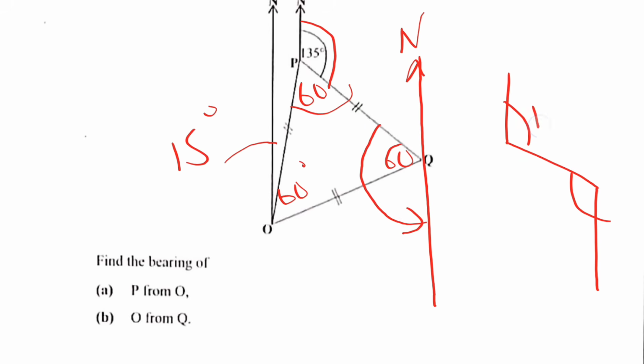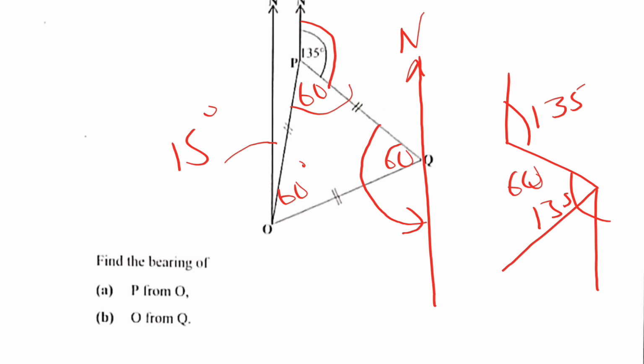So even here is supposed to be 135, but out of 135, we've been given 60.